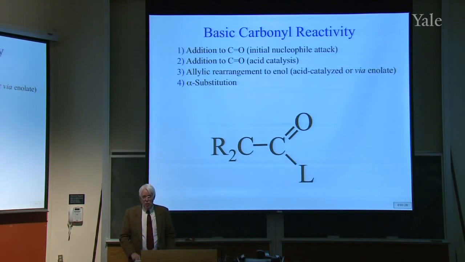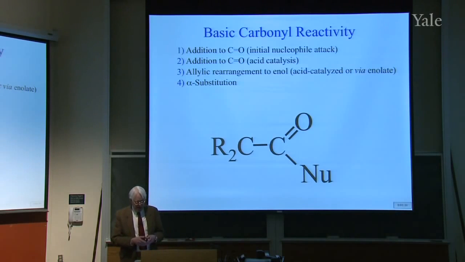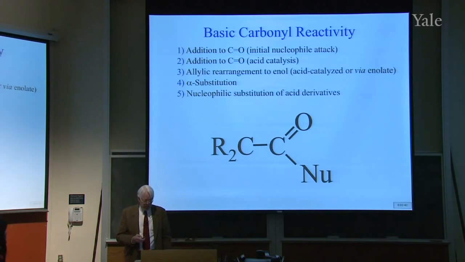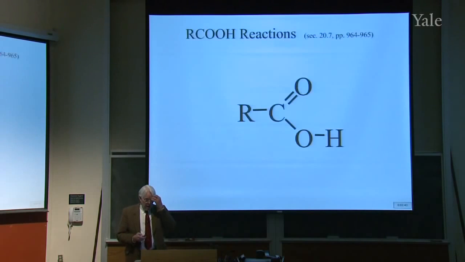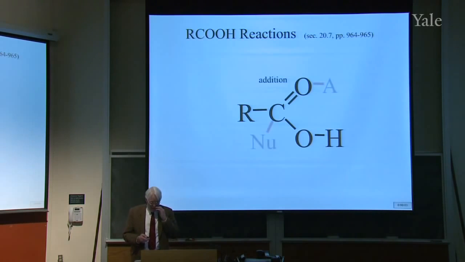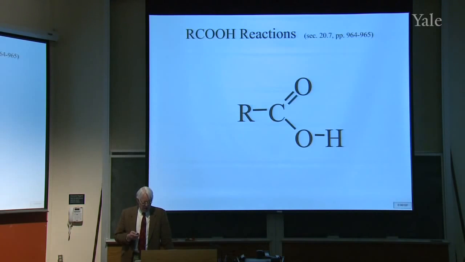And if you have a leaving group, the thing is called an acid derivative, right? And you can replace it by a nucleophile in a two-step reaction. First add to the carbonyl, then remove the leaving group. So that's nucleophilic substitution of acid derivatives. And in the case of carboxylic acids, you can have addition, of course, just as we did before.